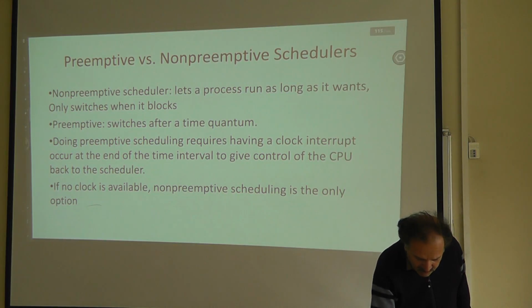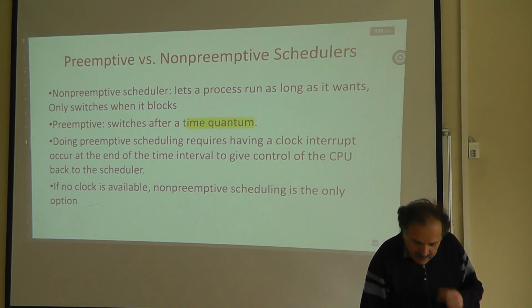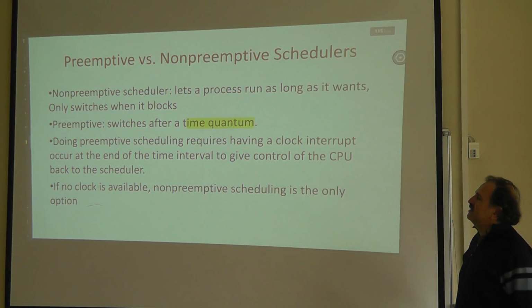In the preemptive scheduler, the opposite way, it uses some time quantum. What's a time quantum? Time quantum is a time duration, let's say 10 milliseconds. After 10 milliseconds, the preemptive system stops the process and lets some other process take the CPU.